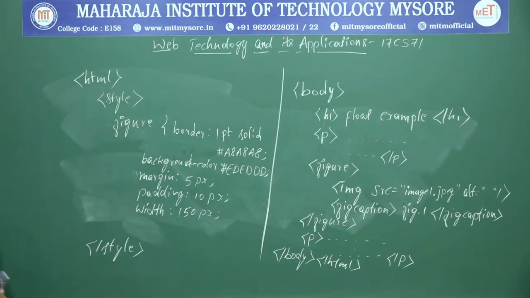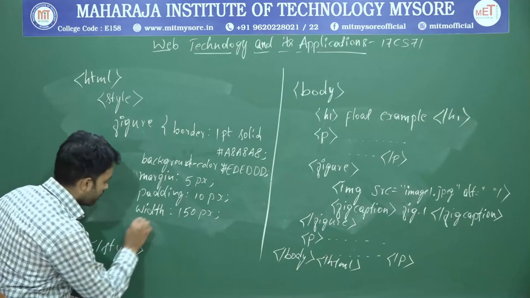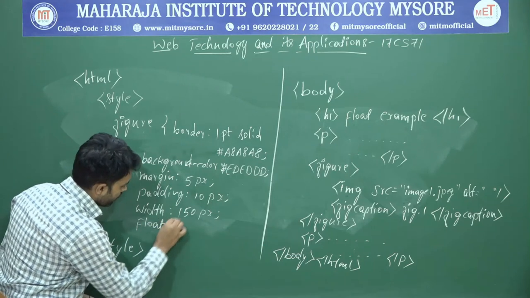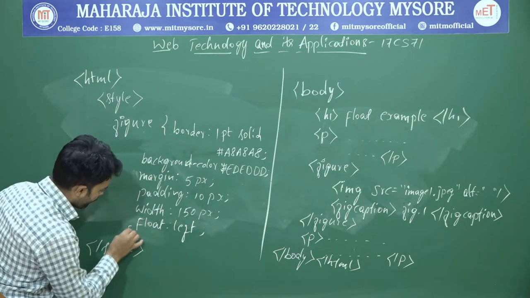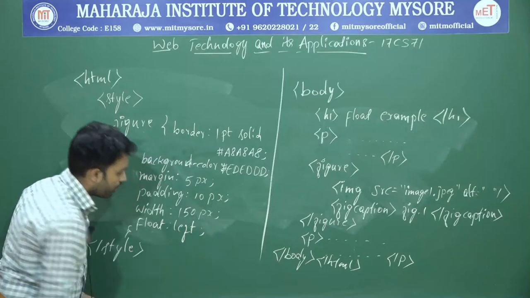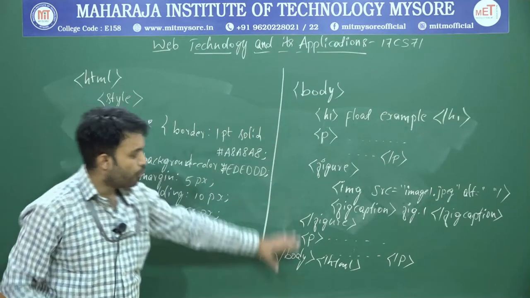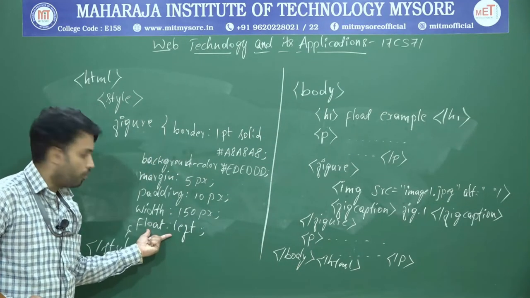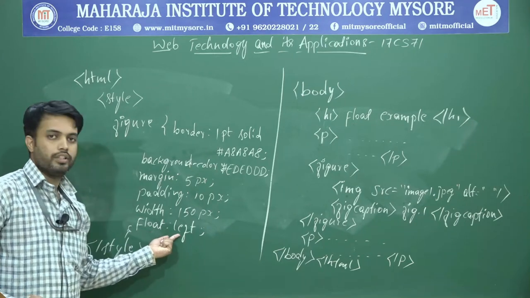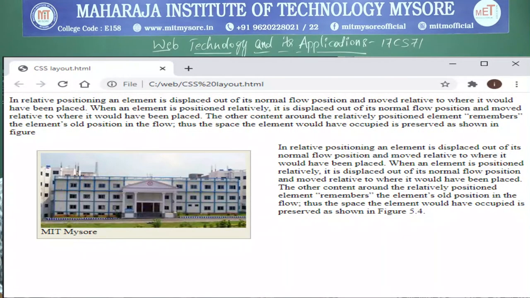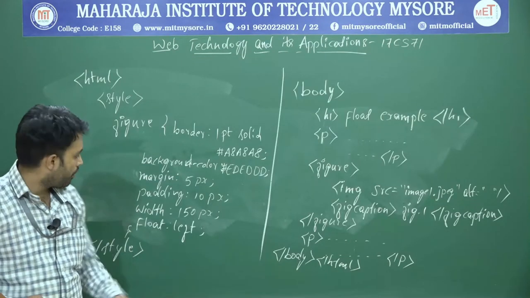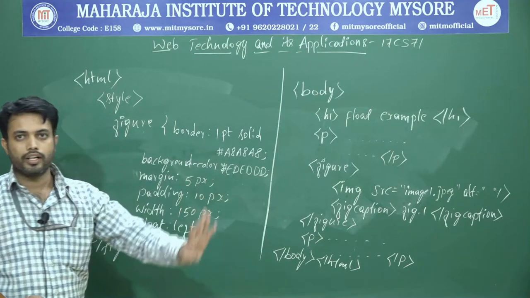So with float left, the same program with one added line of code, that is float colon left. Now if I run this, you can notice that the figure always appears on the left side of the web page. What if it is right? It will come to the right side.